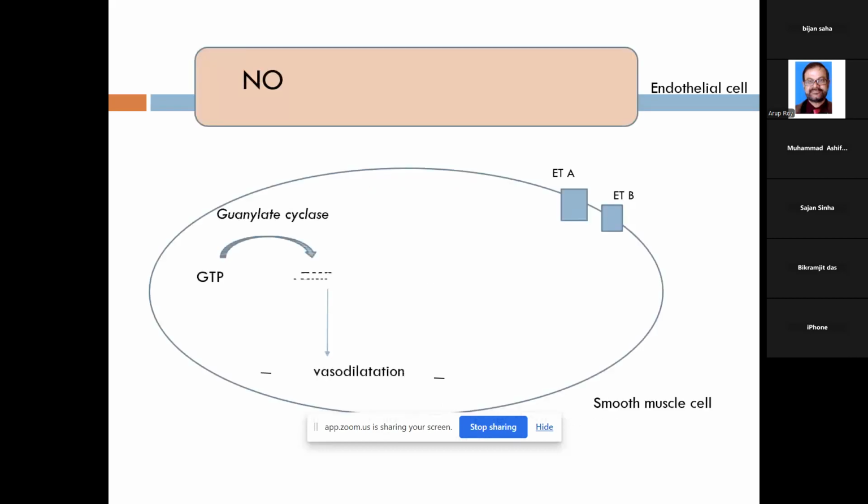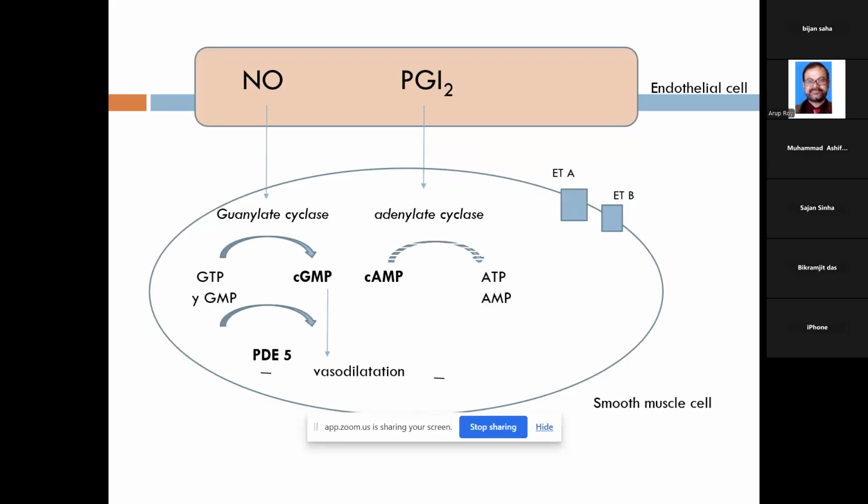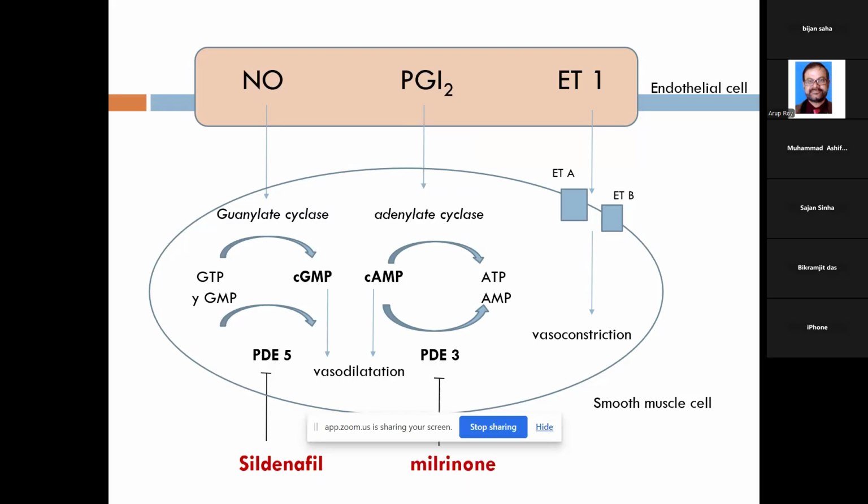This slide will be coming later on also, but what you can see is that these are the compounds which are involved. So one is nitric oxide, which stimulates the enzyme guanylate cyclase, which results in production of cyclic GMP, which is the vasodilator. Prostacyclins increase the production of cyclic AMP, which is your second vasodilator.